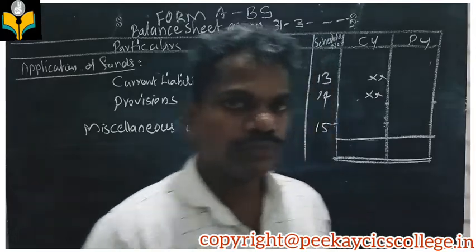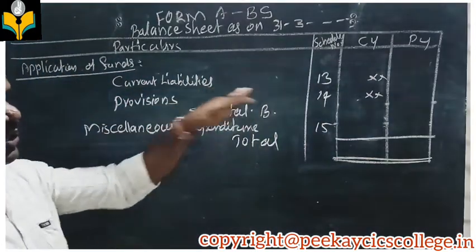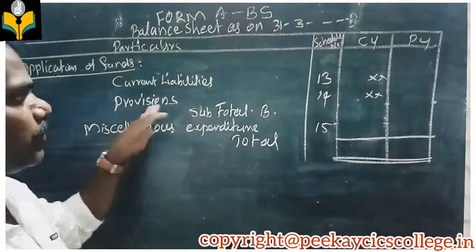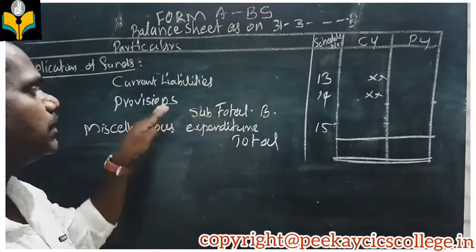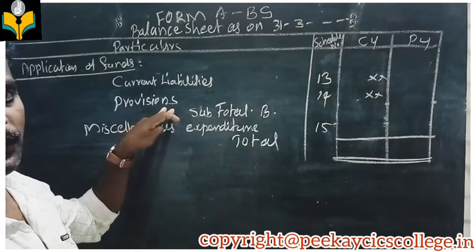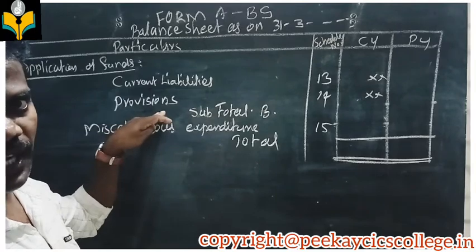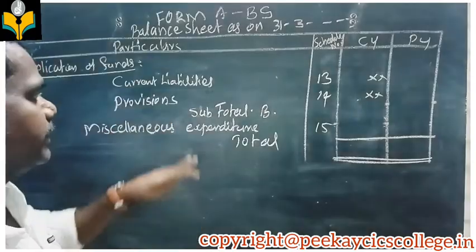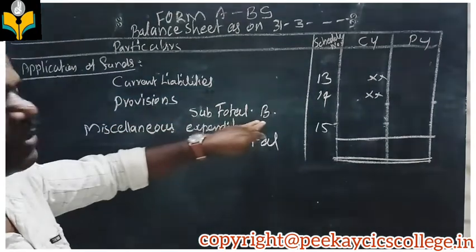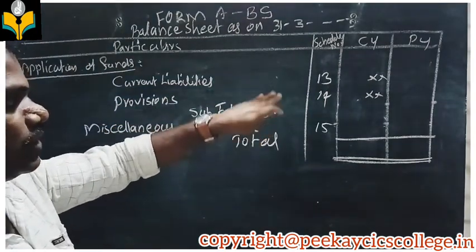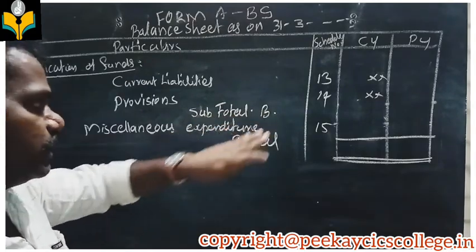Yes, last part of balance sheet. Current liabilities, schedule number 13. Then provisions, that means provision for taxation. Then any provisions created for doubtful debts or any irrecoverable amounts. Then subtotal, that means current liabilities and provisions, subtotal B. Then subtotal A, current assets, then subtotal B, current liabilities.